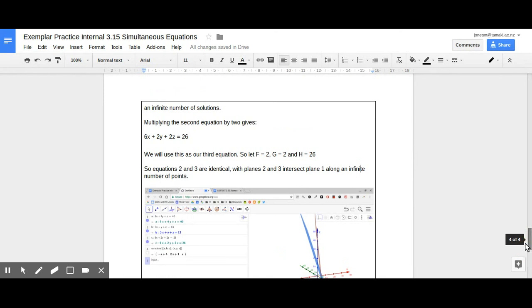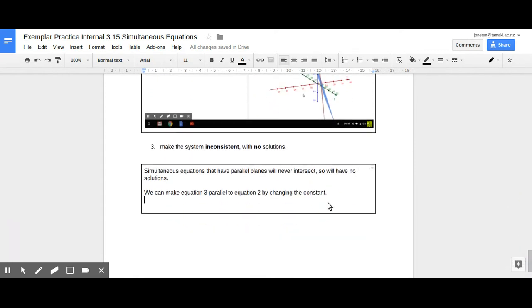So I'm just going to look at what we had up here. So the constant, rather than 26, we could change that to be, let's try to change it to be 1.